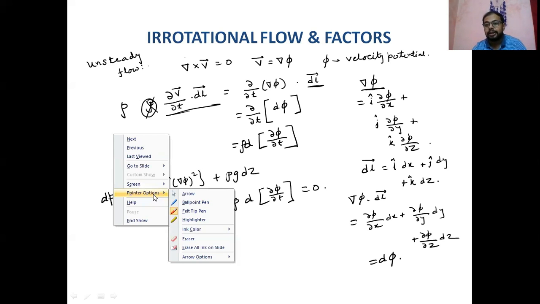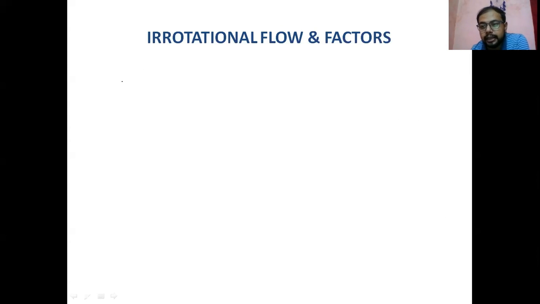Now we are discussing the irrotational flow, whether it is physically possible to maintain irrotational flow. This equation is easy, but in reality, is it possible to maintain irrotational flow?